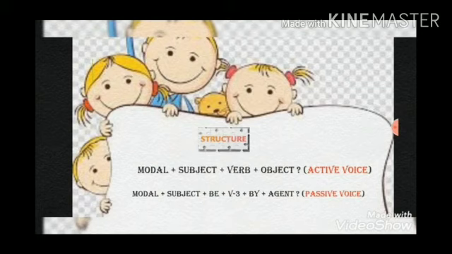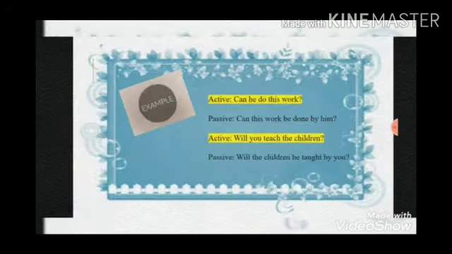In passive voice, modal plus subject plus be plus verb 3, the past participle, plus by plus agent, then question mark. Example for active voice: can he do this work? In passive voice, can this work be done by him? Another example: will you teach the children? Will the children be taught by you?